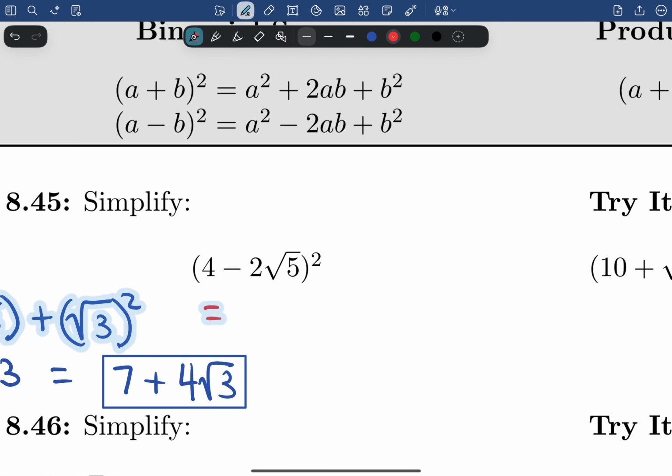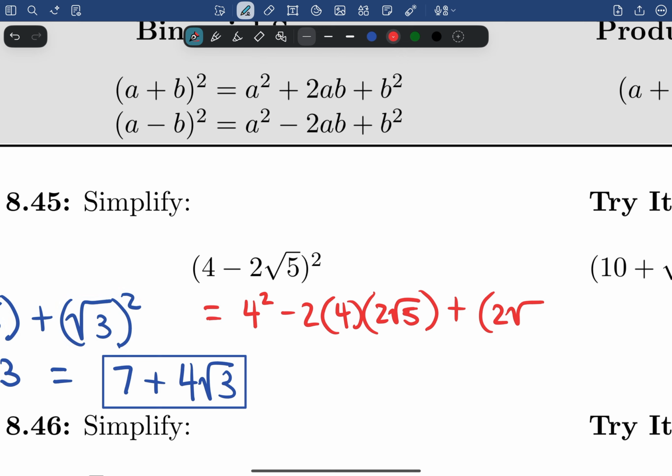So in this case, the a value is 4, so I take 4 and square it, minus 2 times a, which is 4, times b, which is 2 root 5, and then I'd add b squared, which is 2 root 5 squared.